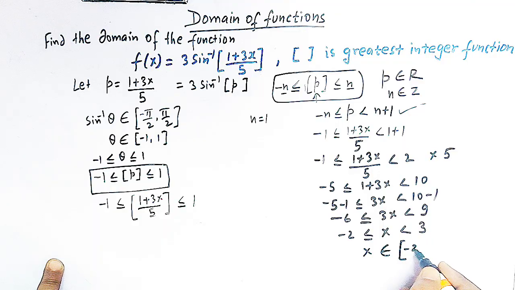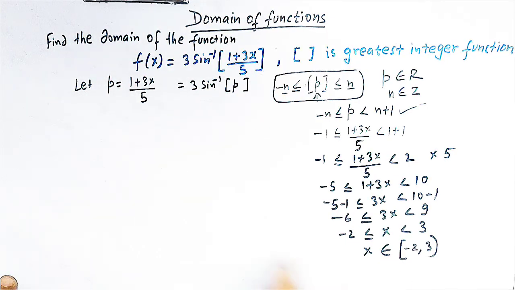The domain of this function is the interval from minus 2 to 3, where minus 2 is included and 3 is excluded.